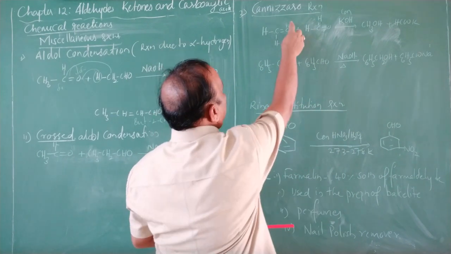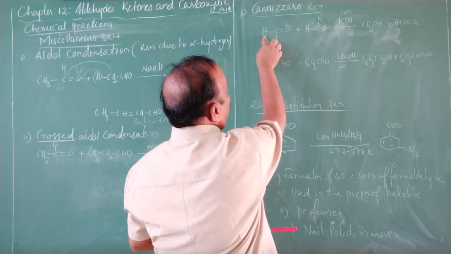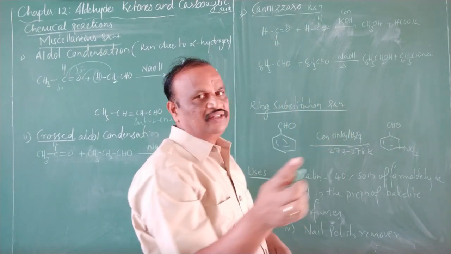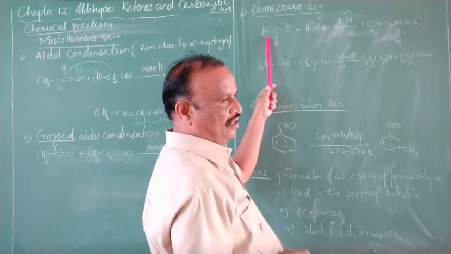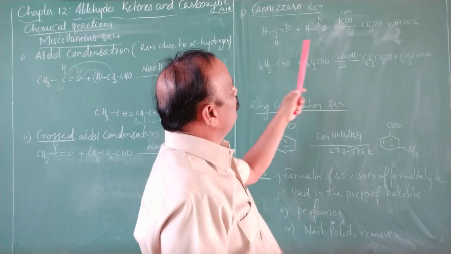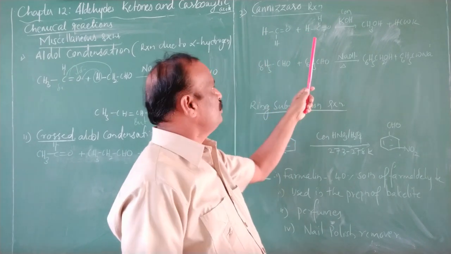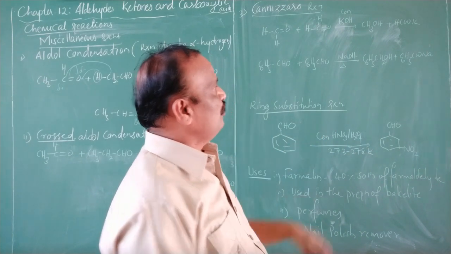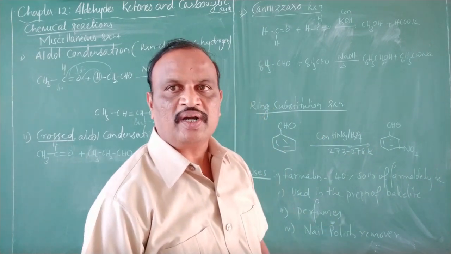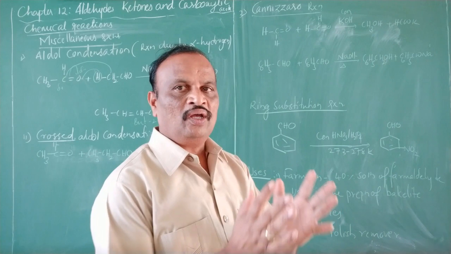Look into this. This itself is the functional group. This is not an alpha hydrogen. An alpha hydrogen is a hydrogen attached to an alpha carbon. There is no alpha carbon at all. So between these two, the reaction takes place so that you are going to get this product.